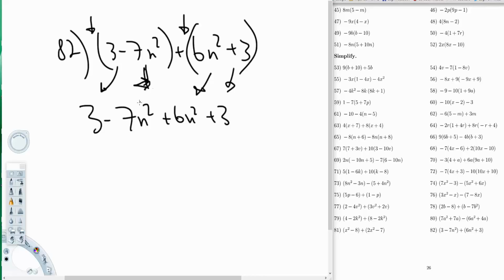Everything is just being transferred down. Numbers, yes, 3 and 3 is 6. N squared, noses squared, or whatever you want to say that starts with n, minus 7 noses squared plus 6 noses squared equals minus nose squared. Is that the answer? Yes, it is.